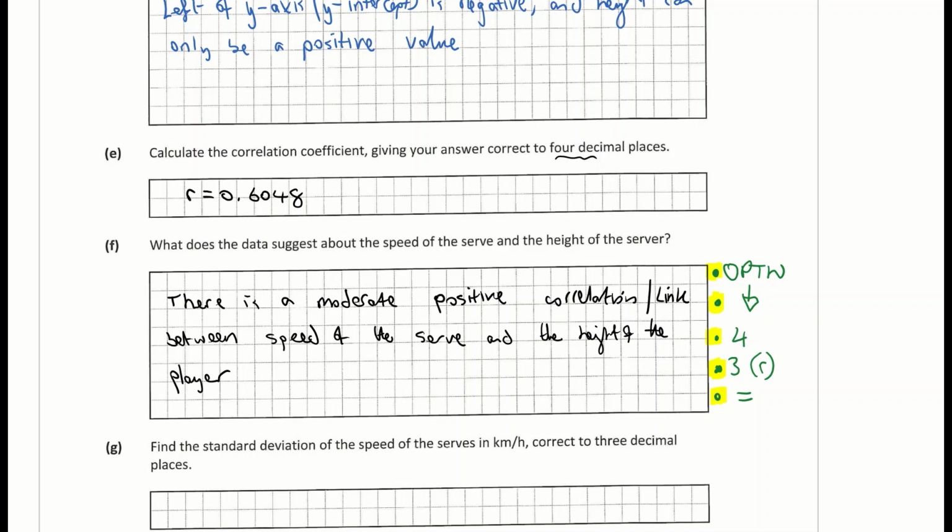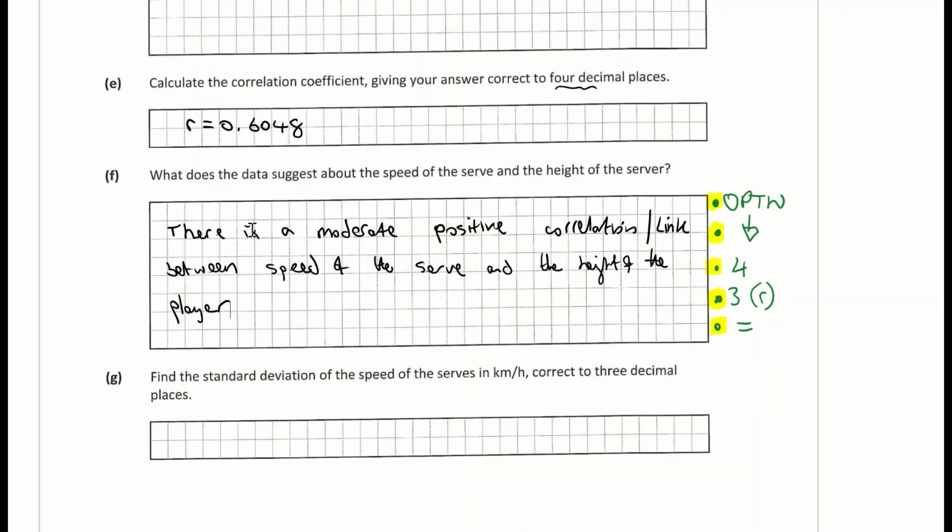Part G, find the standard deviation of the speed of the serves in kilometers per hour, correct to 3 decimal places. So once again, we have all this data on our calculator. We've inputted the table. So all I need to do is go to my calculator again, click on the Option key, then click on number 2, and then use the arrow key on your calculator.